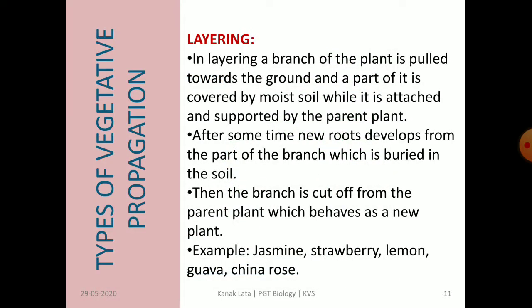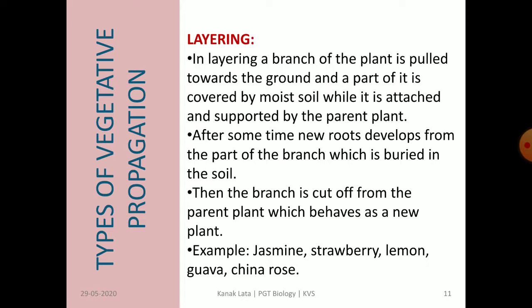The next mode of vegetative propagation is layering. In this case, a branch of the plant is pulled down towards the ground and a part of it is covered by moist soil while it is still attached and supported by the main plant, also called the parent plant.